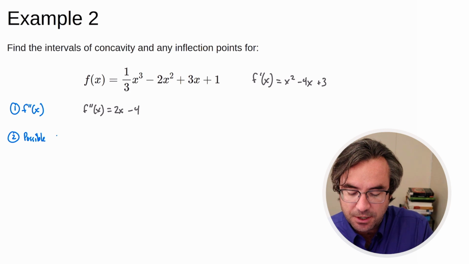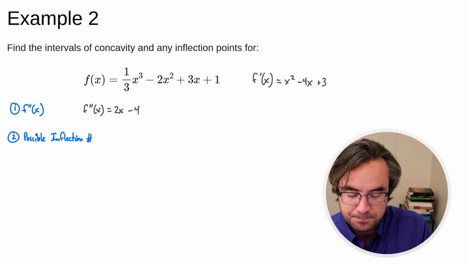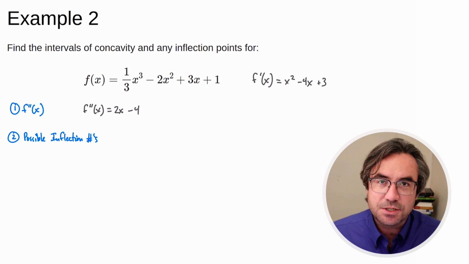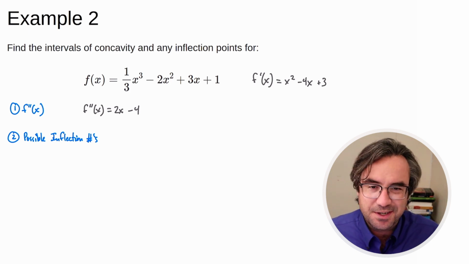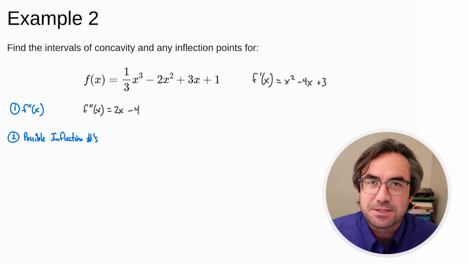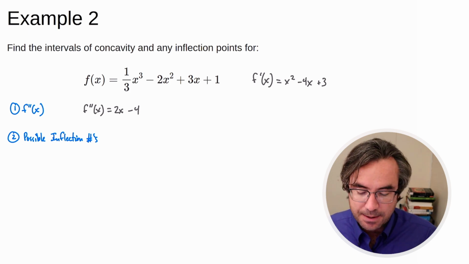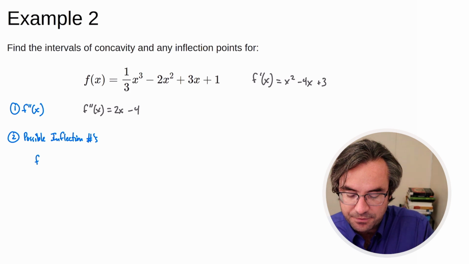These are the places, ultimately, where our function might have an inflection point. And just like with the first derivative, we called these the possible critical numbers. This is where the second derivative is either 0 or where the second derivative does not exist.